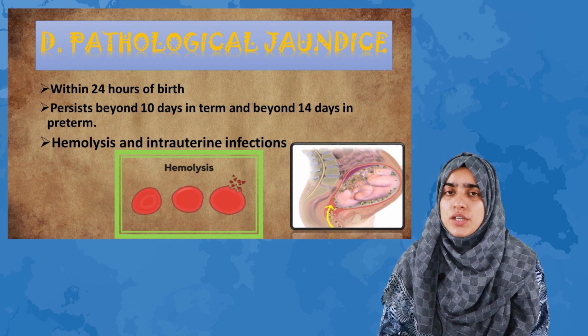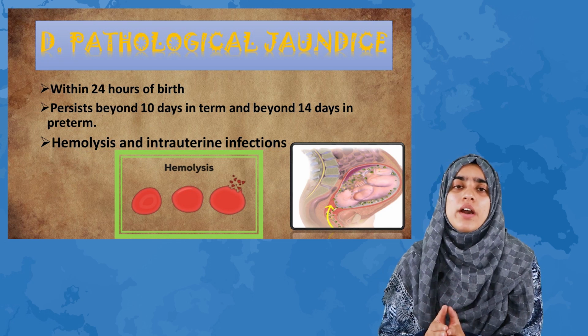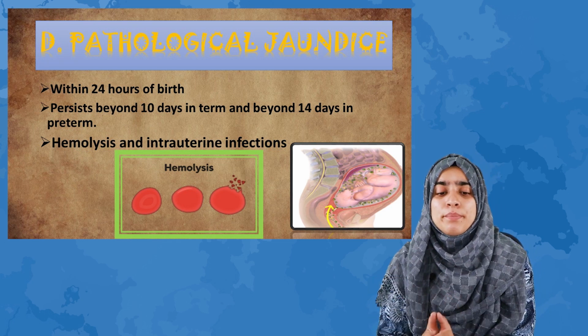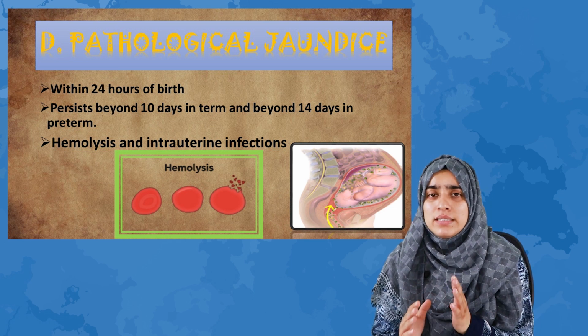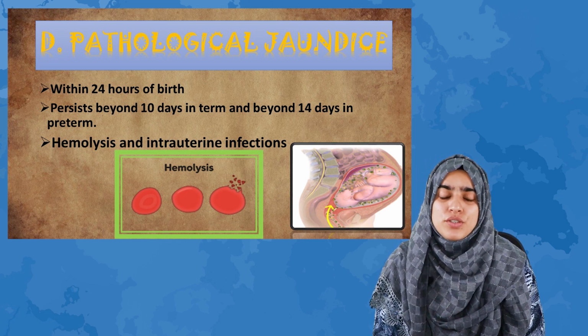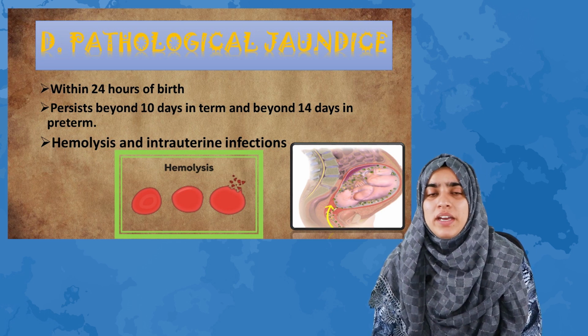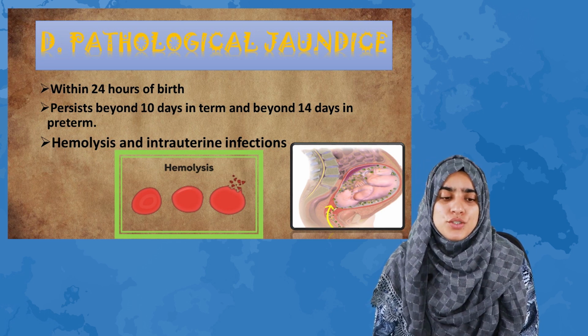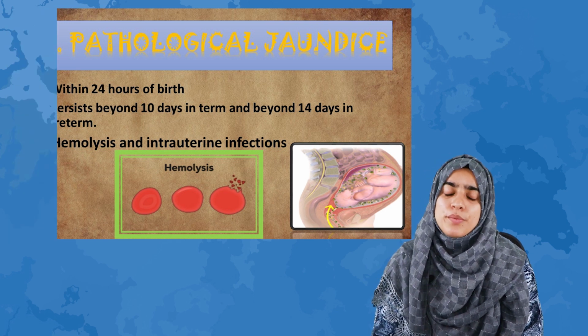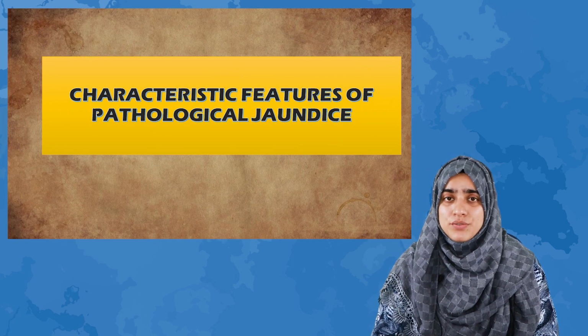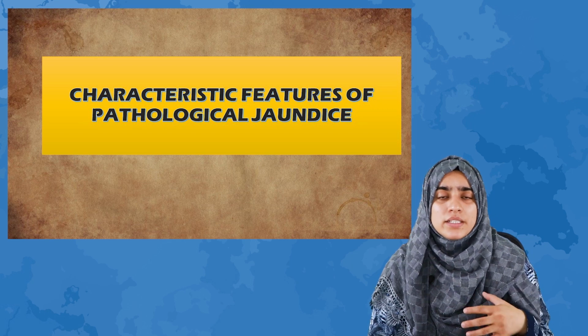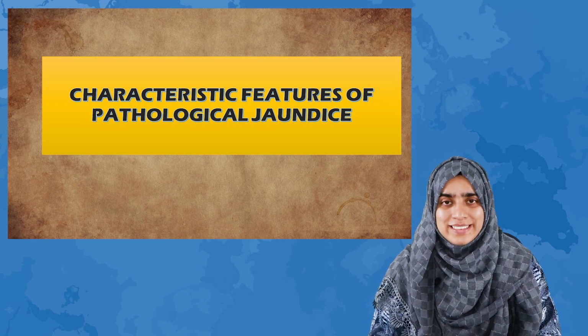Hemolysis, which occurs due to ABO or Rh incompatibility, as well as intrauterine infections, are considered the major etiological factors responsible for causing jaundice within 24 hours of birth.